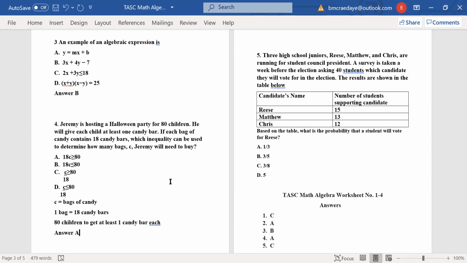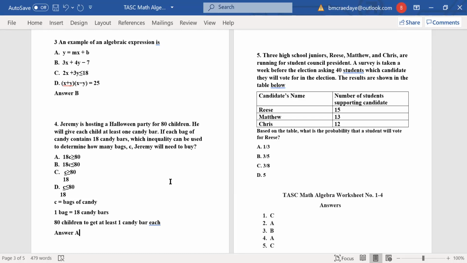Got it? You see it, Maureen? When you ask yourself that, you say, well, 18 candy bars in a bag, and I know I need 80. If I buy 4 bags, I've got 72. That's not enough. So I know to be greater than or equal to 80, I have to have 5.